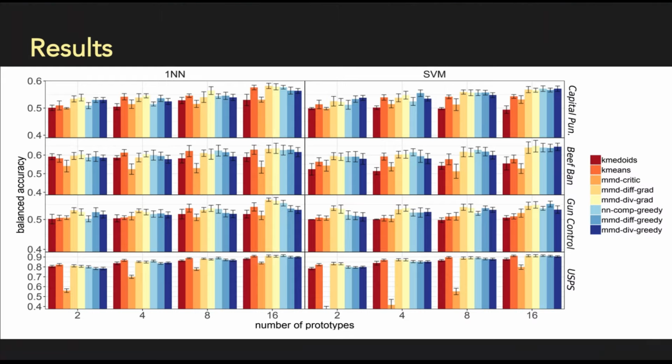Overall, and it's very hard to read from this, but in 22 out of 24 evaluations, with 3 different data sets, 4 sizes of prototypes and 2 different classifiers, so 24 combinations, in 22 the proposed methods were significantly better using the one-sided sign test with a p-value of less than 0.5.